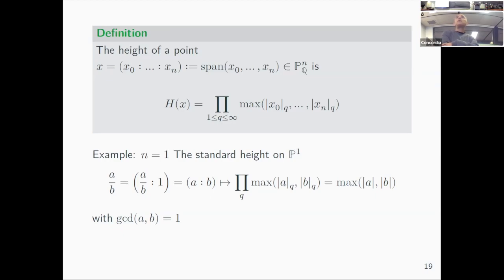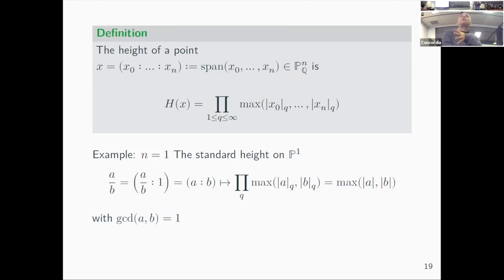The other thing that one should notice is, right, two vectors x_0 to x_n could give you the same vector space. That happens if and only if one is a multiple of the other by some non-zero rational number.